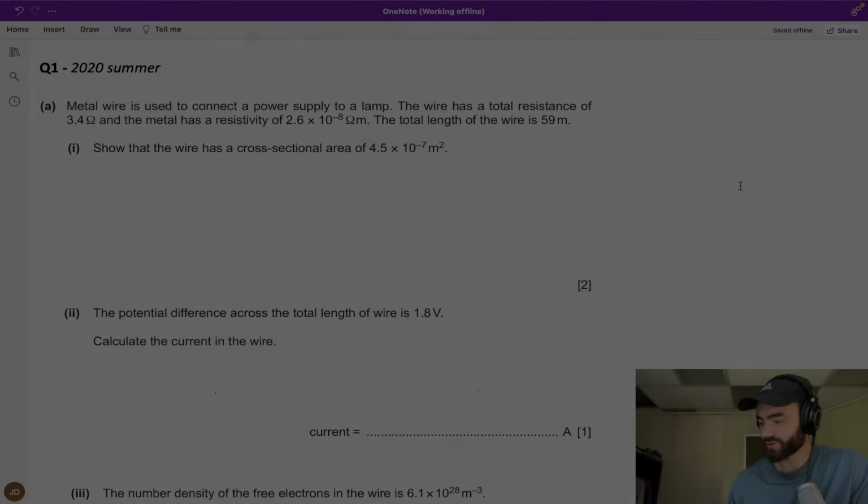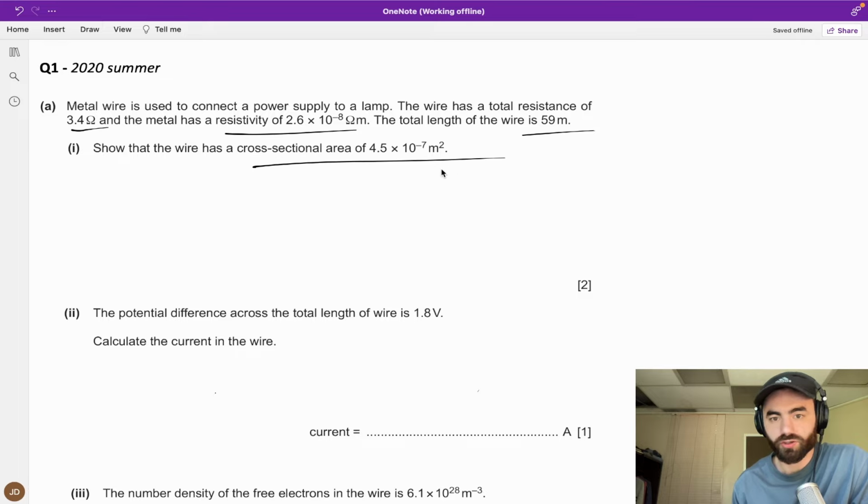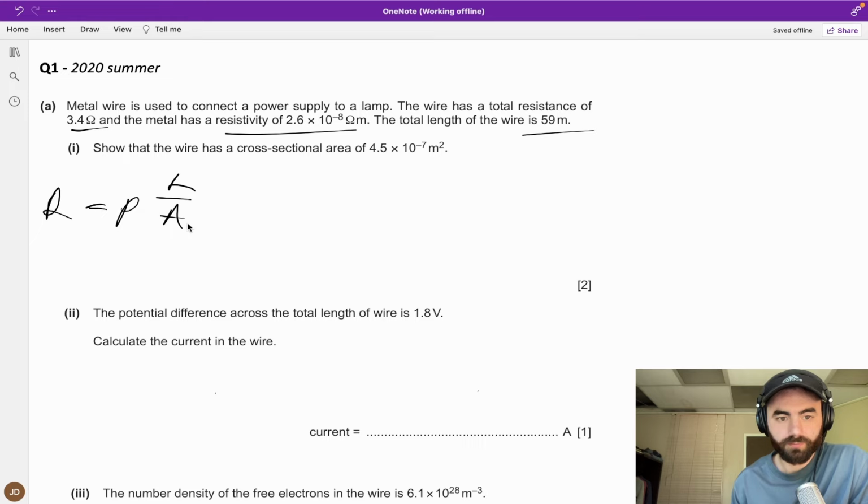Right, question 1. A metal wire is used to connect the power supply to a lamp. The wire has a total resistance and a resistivity, and the total length of the wire is given. We want to show the cross-sectional area of the wire. This is just going to be from this equation. All these equations are on the worksheet.